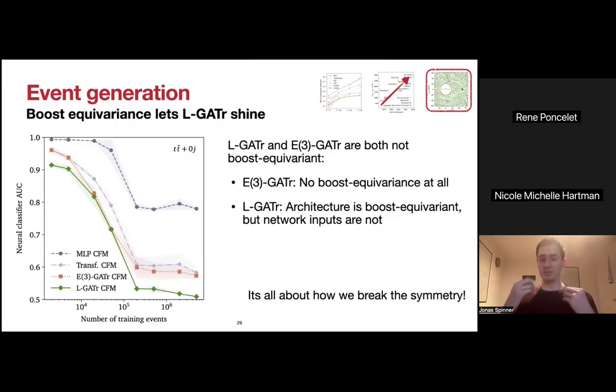So the nice message here is that it's really about how we break the symmetry. Even in this case, we have broken symmetries, but they're still approximately valid, and if we build this approximate validity into our neural network, we benefit a lot. And I think that's the most exciting result from this study for me.